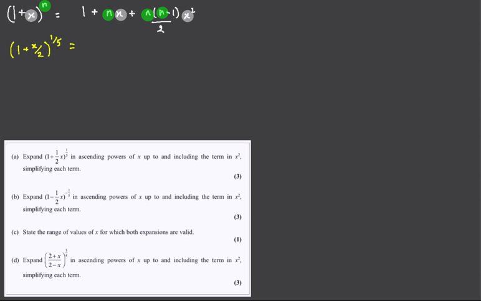Try to do as little as possible in the first instance. N becomes 1/5, x becomes positive x over 2, x over 2, make sure the x and the 2 take the power, that's important.